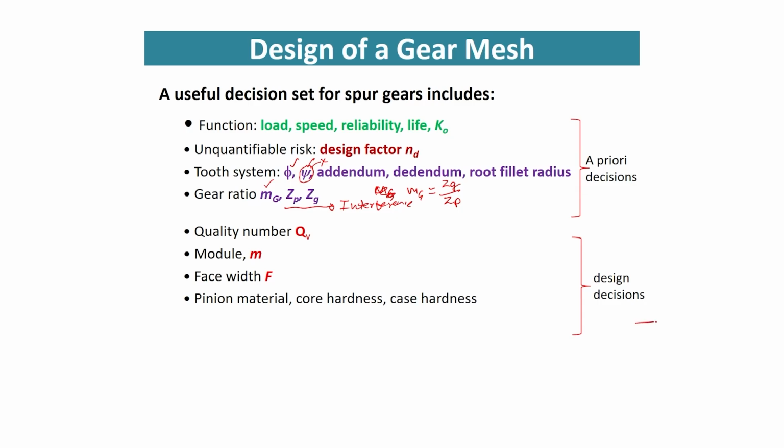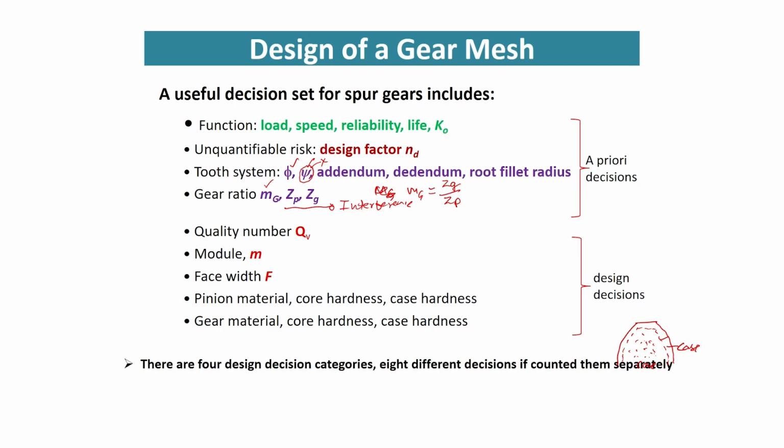Case hardness is done for the surface fatigue, and this will be under a certain depth from the surface, and the core is within the material, what is the hardness. So, this is your core hardness and this is your case hardness, so that we have to select. Then the gear material, its core hardness and case hardness.